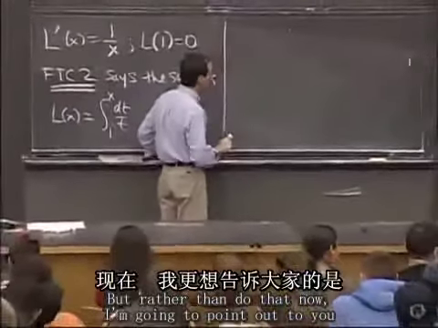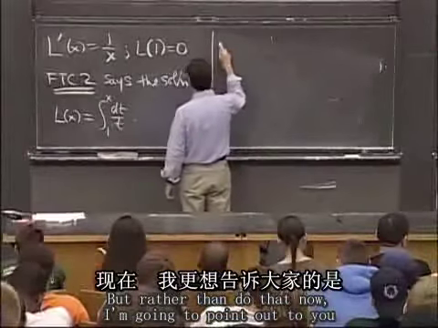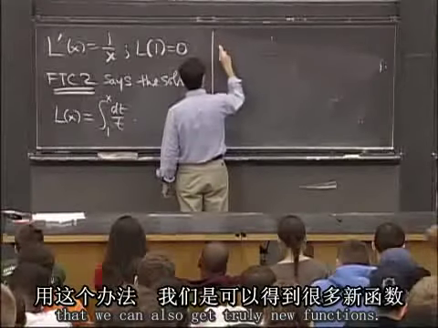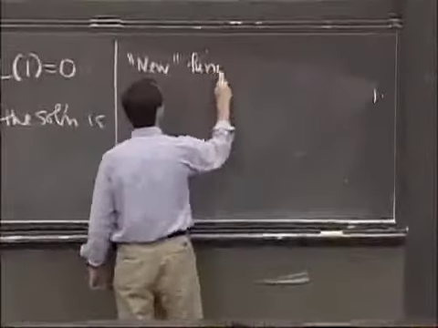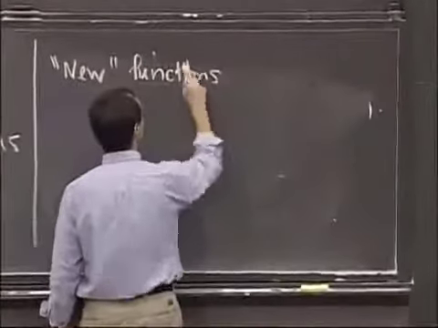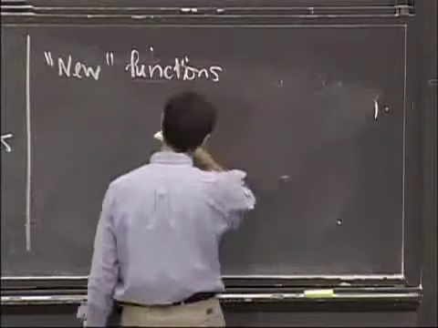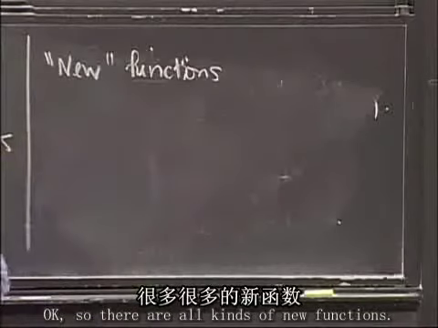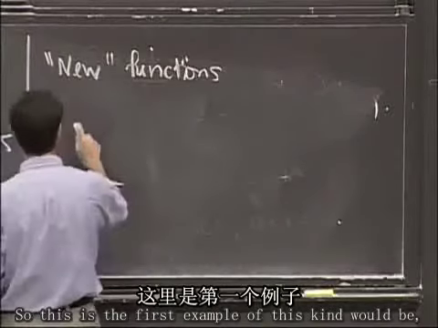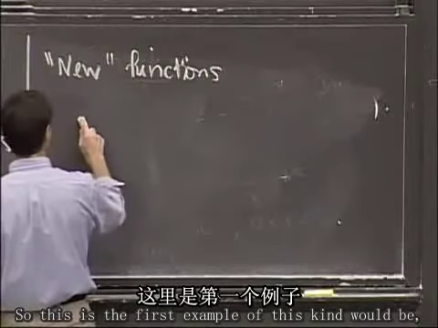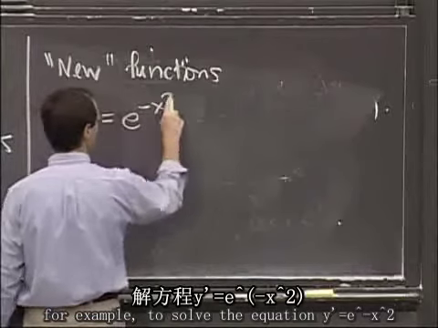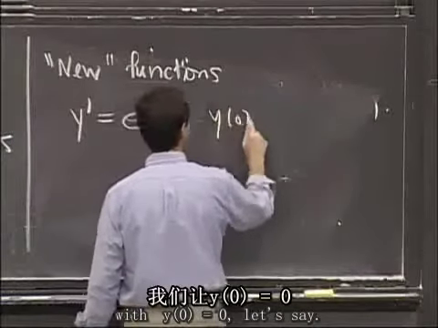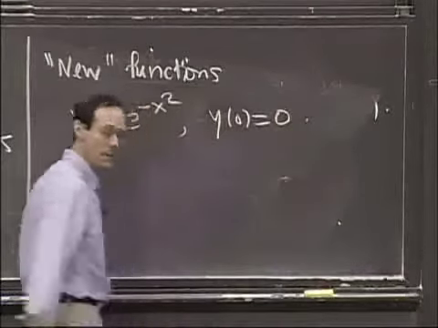But rather than do that now, I'm going to point out to you that we can also get truly new functions. Okay, so there are all kinds of new functions. The first example of this kind would be, for example, to solve the equation y prime is equal to e to the minus x squared, with y of 0 equal to 0, let's say.